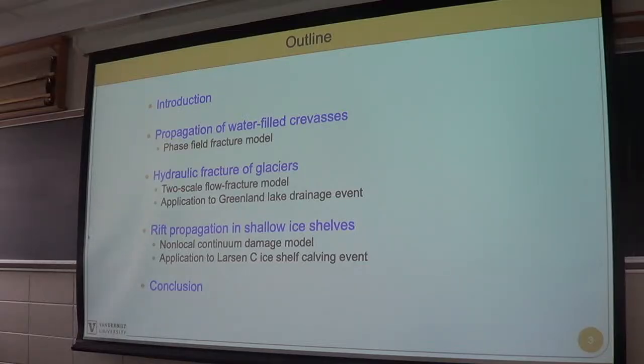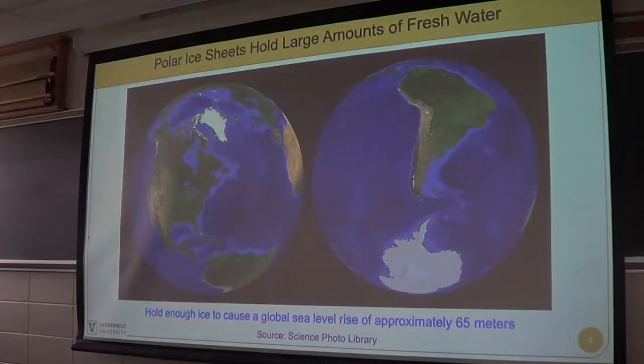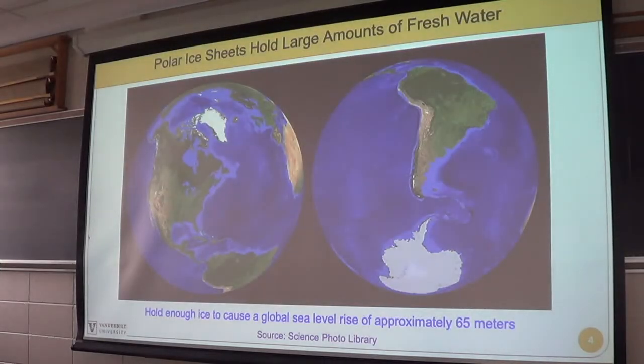There it's more of a method development exercise, and then we'll show how it applies to Larsen C, where we switch to a more primitive model called the continuum damage model, which is related to phase field fracture in some way. Then I'll try to conclude. I'll keep the equations brief and mostly show the simulation side.